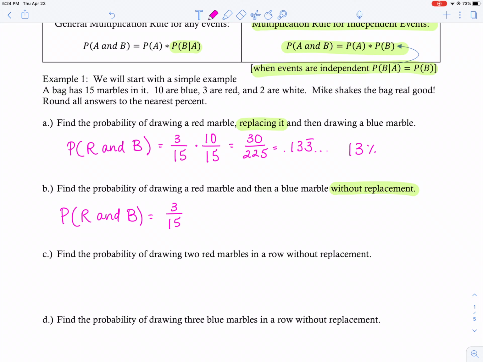Now you're about to pick that blue, and now you have a chance of 10 out of not 15 anymore, 14. And when you multiply, what's 15 times 14? You would get 30 over 210, which is equal to 0.142, which is approximately 14%.